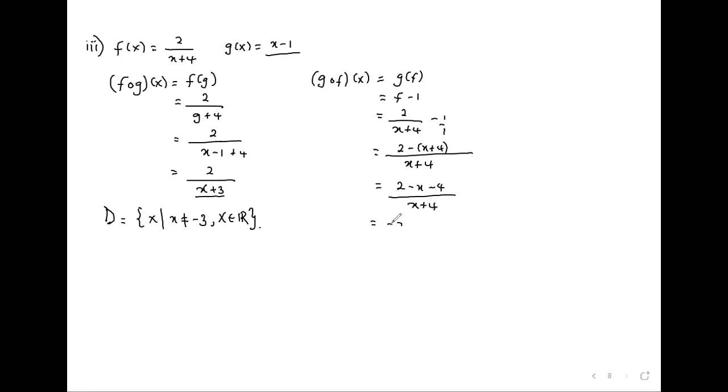So we'll get negative x minus 2 over x plus 4. So the domain of the composite is x such that x is not equal to -4. Then we go and check for the inner function, the f. It has the same restriction, x is not equal to -4. So x should just be any other real number apart from -4.